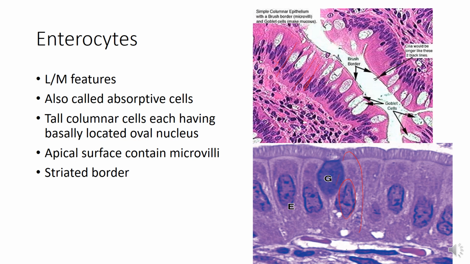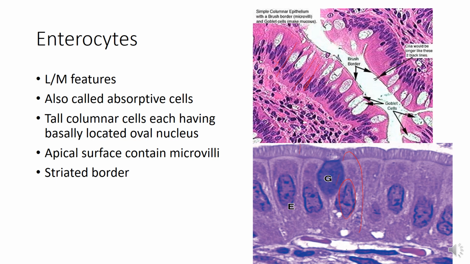The apical surface of an enterocyte is characterized by the presence of almost 3,000 closely packed microvilli. When routine sections are examined under light microscope, the microvilli are arranged parallel to each other, and they impart a striated appearance on the free border of the absorptive cells.